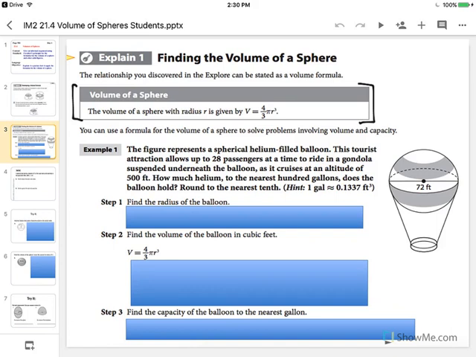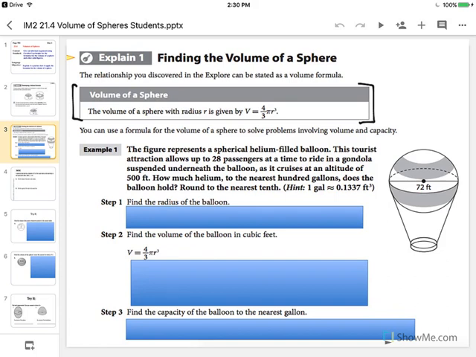The figure represents a spherical helium-filled balloon. This tourist attraction allows up to 28 passengers at a time to ride in a gondola suspended underneath the balloon. As it cruises at an altitude of 500 feet, how much helium, to the nearest 100 gallons, does the balloon hold?